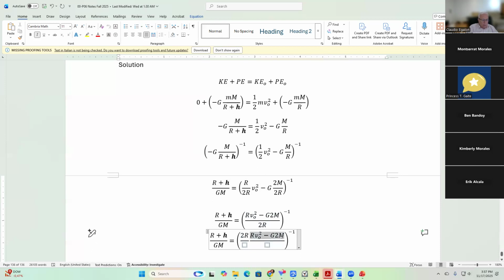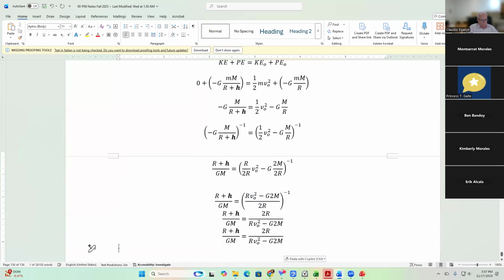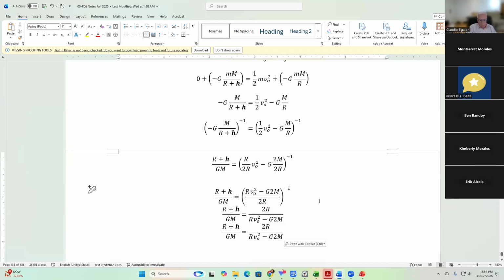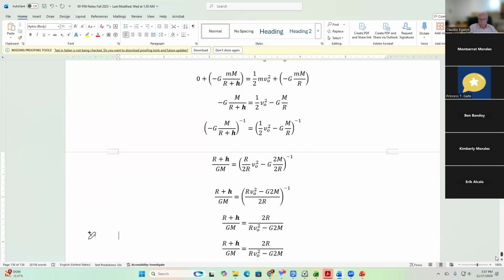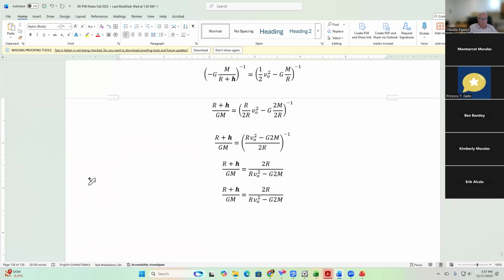This one here goes downstairs. Let's see, we're going to pass the GM to the other side. R plus H.